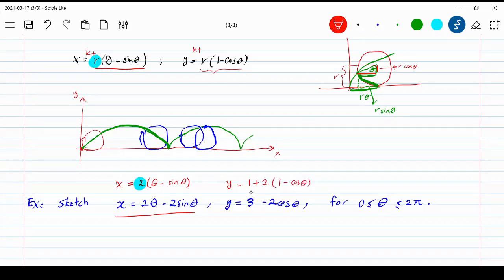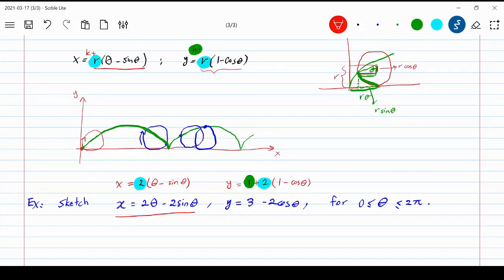Instead of 3, I wrote 1 plus 2, just because I wanted to factor the 2 and write it as r times 1 minus cosine theta, and then you have this extra 1. This extra 1 just means shifting the curve up 1 unit, the same as the h I mentioned. So this is just the cycloid.